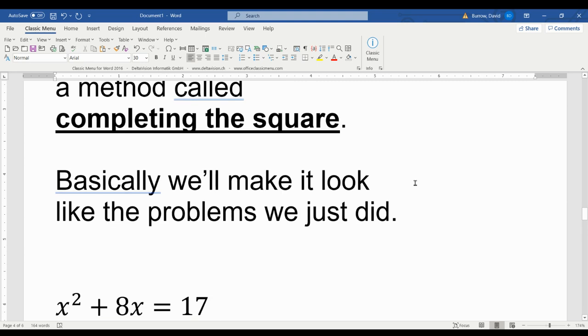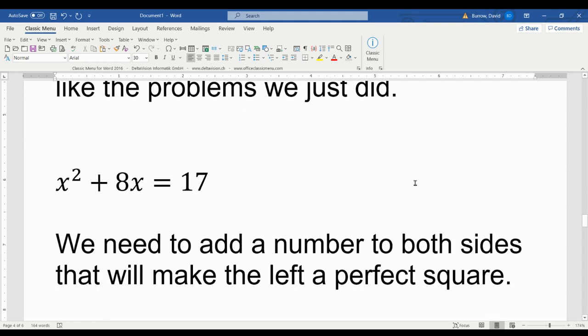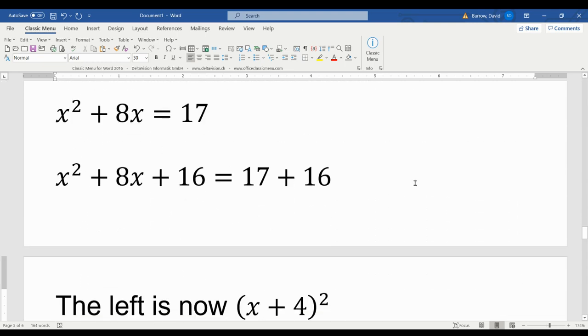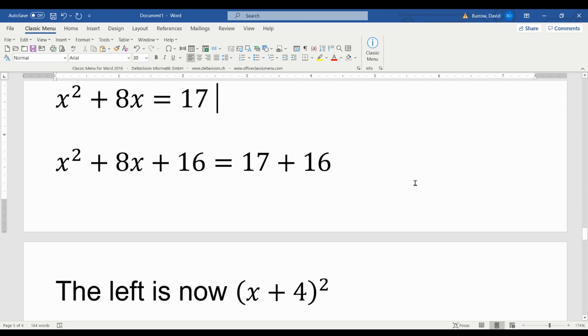What I want to do is I look at this number, and I think, gee, what would I have to add on to this to make this a perfect square like what we had before? And it turns out that what I'm going to do is I am going to add 16 to both sides of the equation.